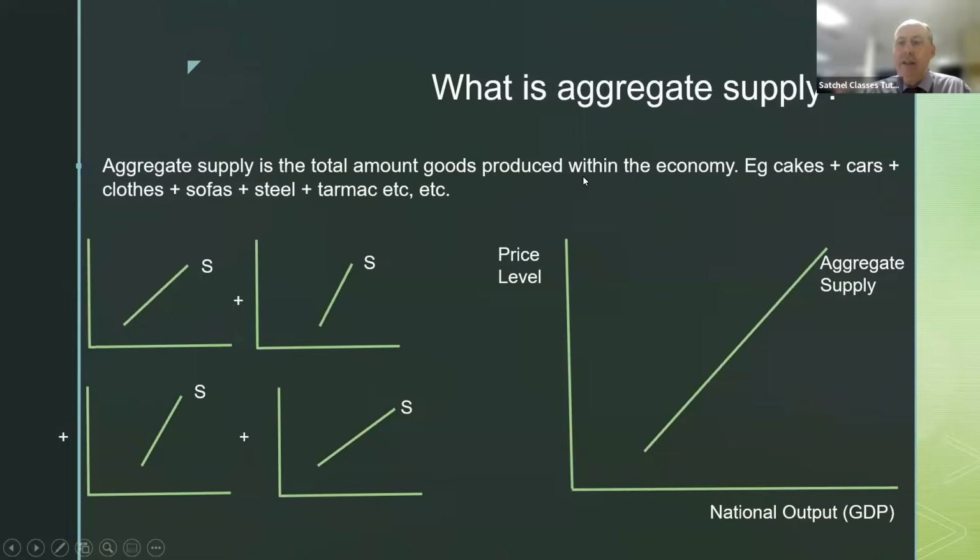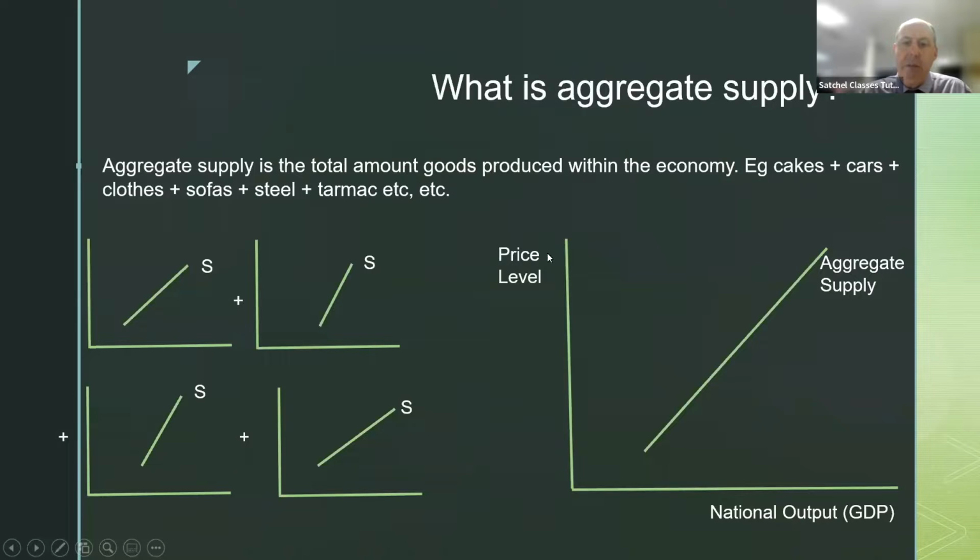And this is the supply curve for all the products that are produced within the economy, from, as it says there, cakes, steel, sofas, tarmac, clothes. Every product and service that you can list, their supply curves are all added up together and produce one supply curve which covers the whole economy.